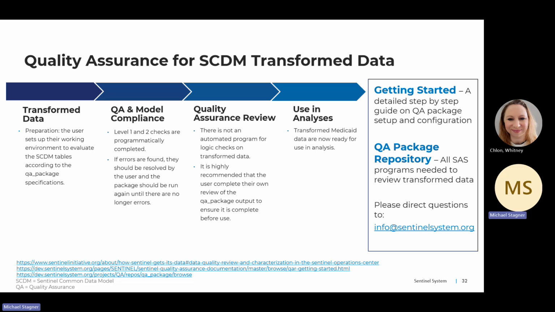This process should be completed every time that new data are added. There are further details on the requirements of the QA package on the Sentinel website, and you can always email questions about the QA package to info@sentinelsystem.org.